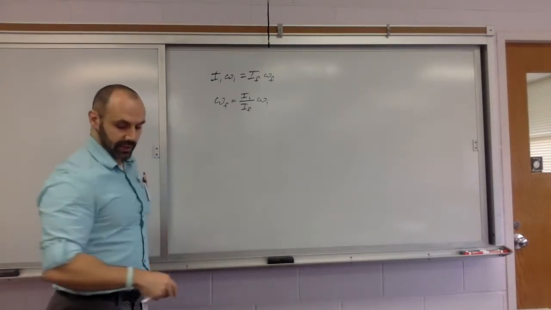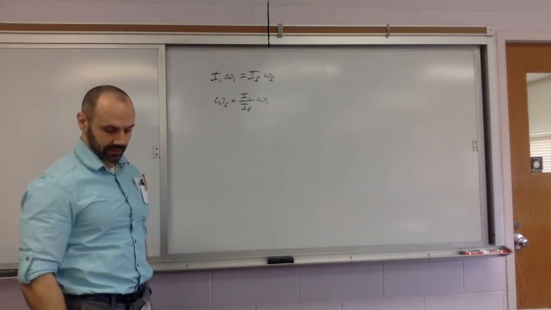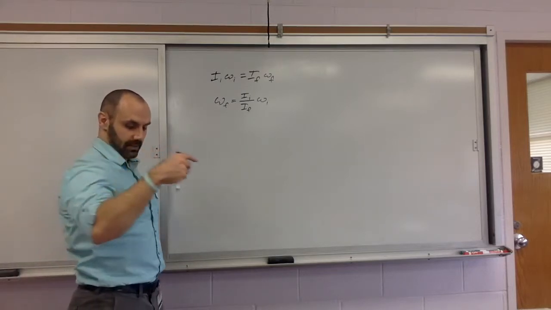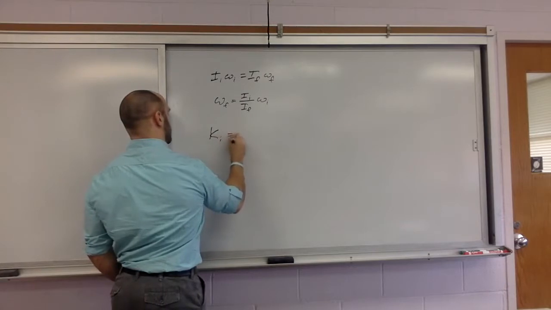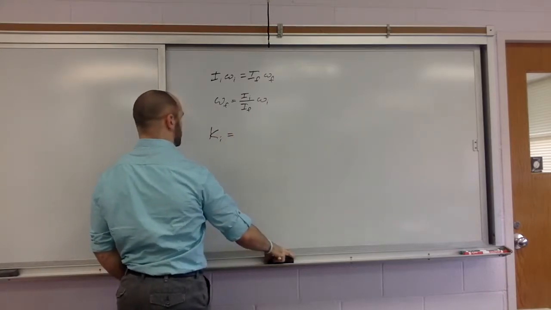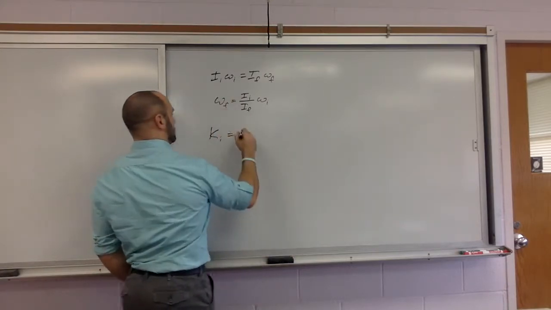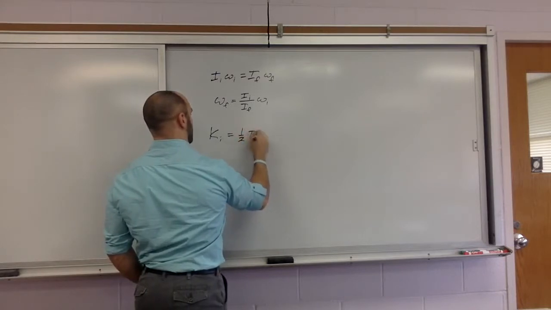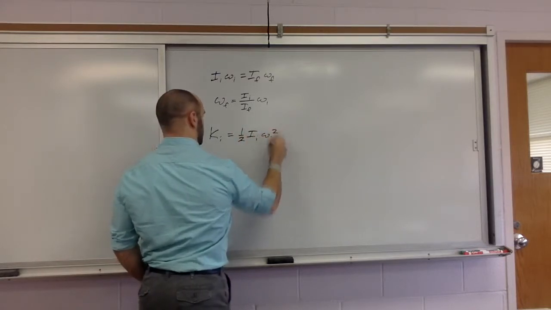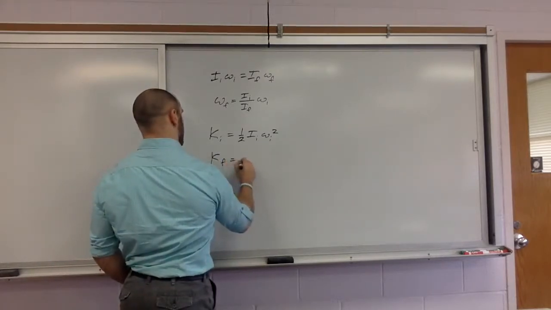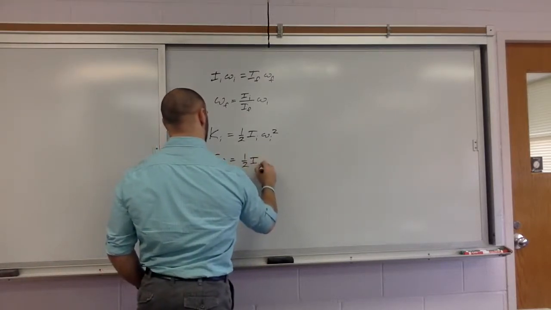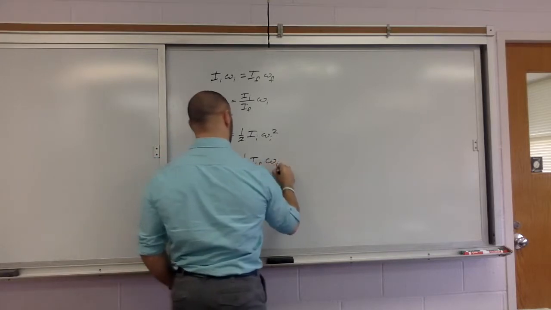Okay, and then the ratio Kf over Ki in terms of these things. Okay, so Ki is going to be 1/2 I omega I squared, and Kf is 1/2 If omega f squared.